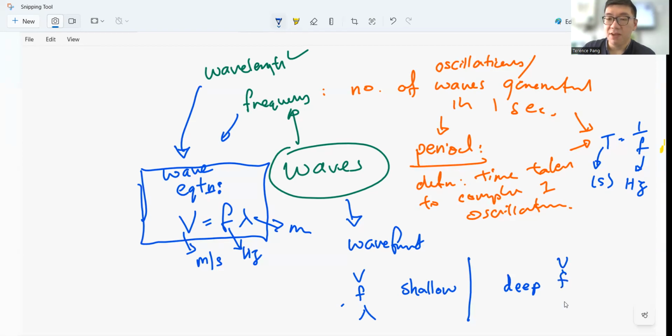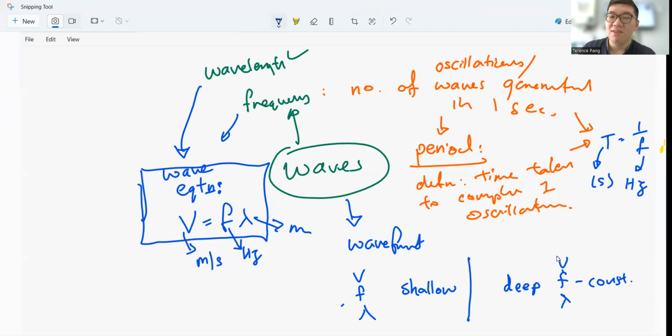All I need for you is to tell me which one remains the same. No, the speed doesn't remain the same. F is a constant. Why? Depends on the source. Good. What about the lambda?